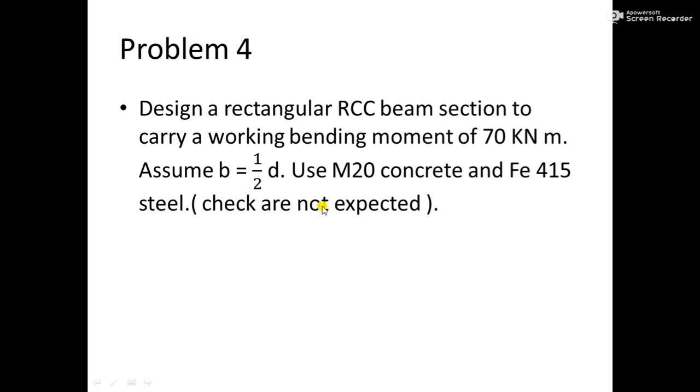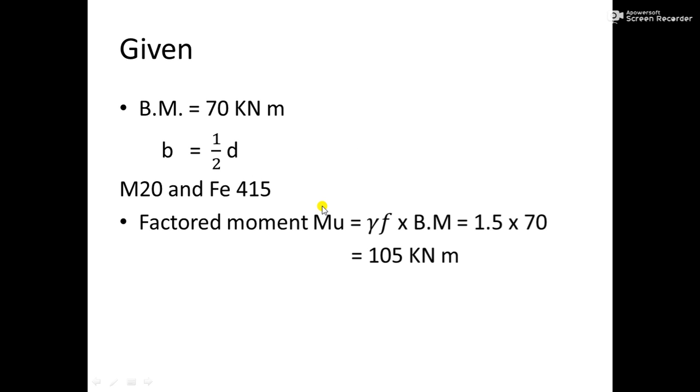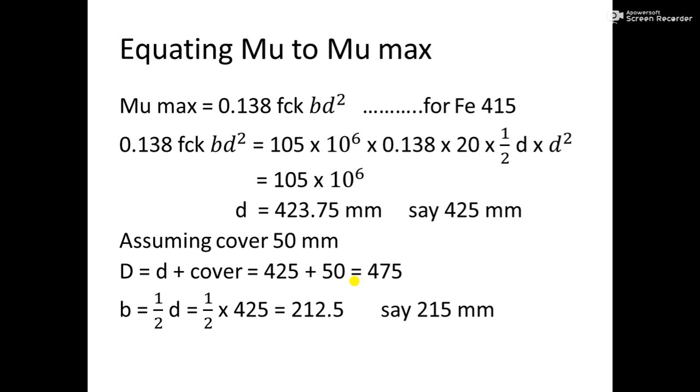Checks are not expected. Here the bending moment is given as 70 kilonewton meter, width half of d, M20 and Fe415. Since this working moment is given, you have to apply the factor of safety, that is 1.5. That is 1.5 into 70, that is 105 kilonewton meter. Then equating this Mu to Mu max, you have to calculate the depth required.